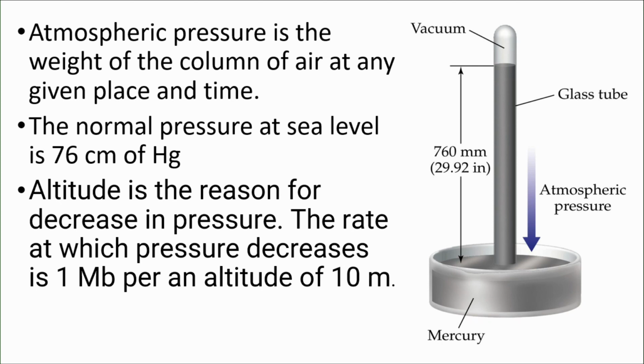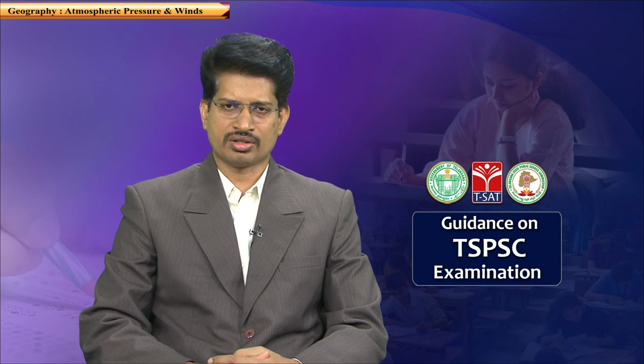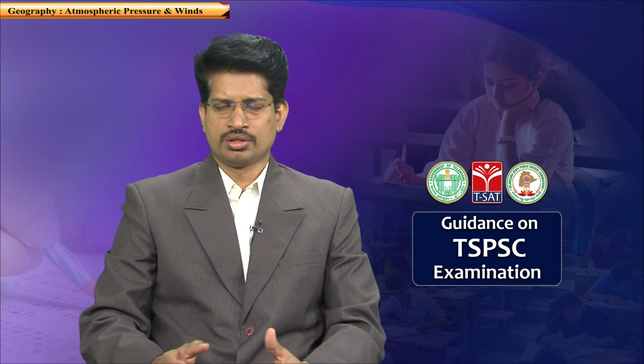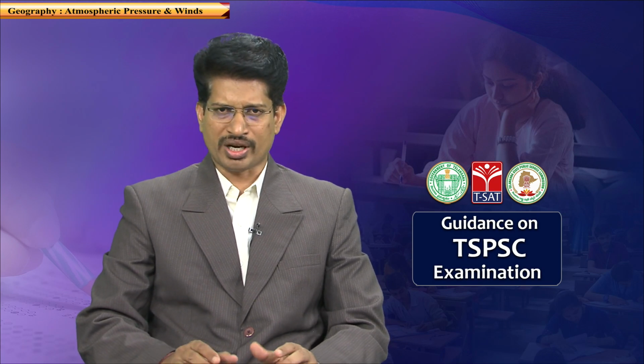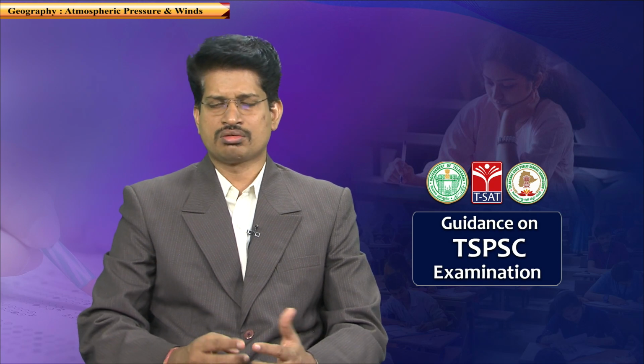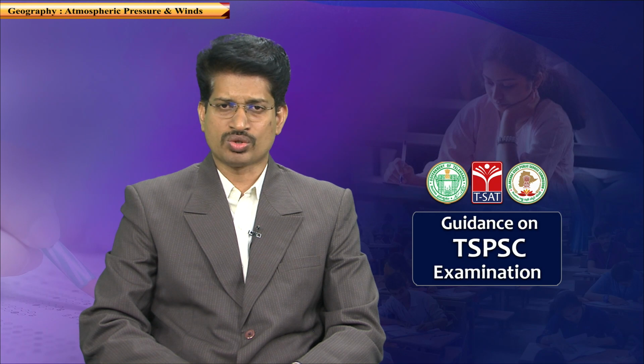Why is the mercury in the column rising above the level of mercury in the tumbler? The basic reason is that the weight of the air or the atmosphere over the mercury in the tumbler is pressing the mercury to rise in the column. So, this is because of atmospheric pressure.